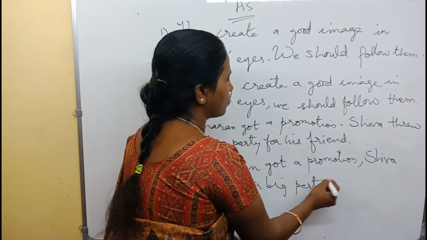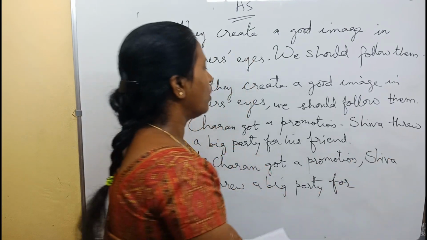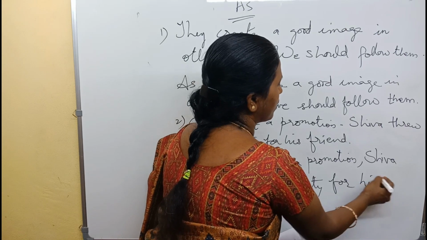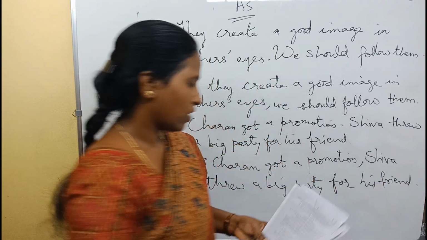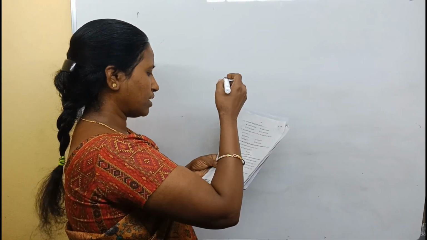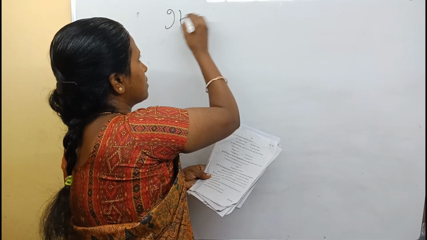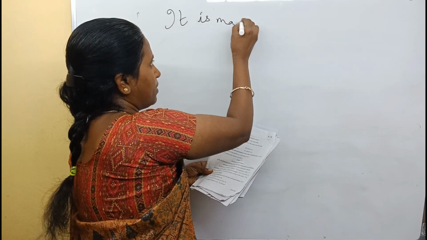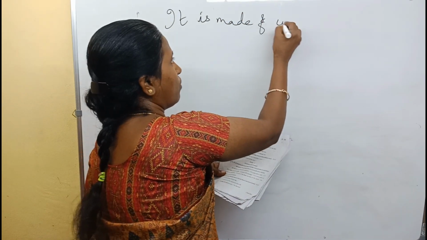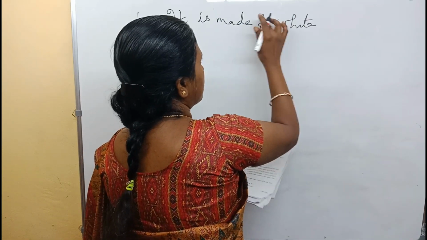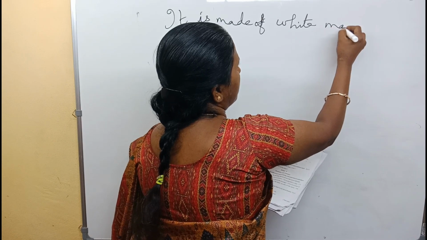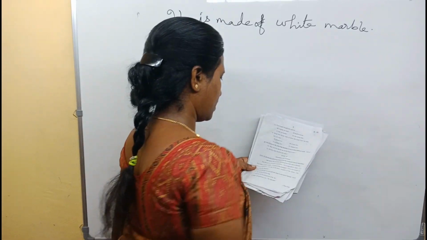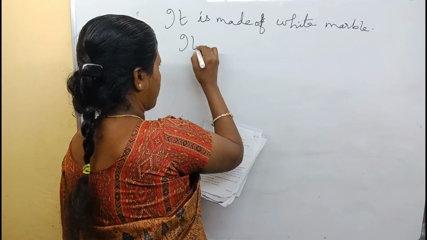For him also you can write, for his friend also you can write, for him or for his friend, anything you can write. Okay, we have one more sentence here, that is, it is made of white marble.